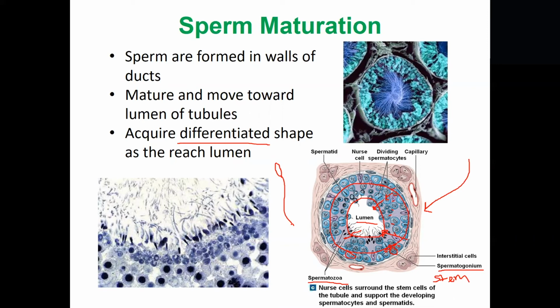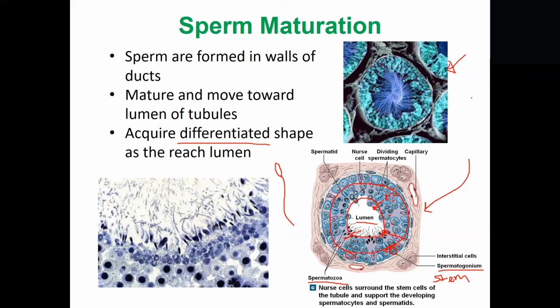Once they reach the lumen and they're fully mature, they're simply going to let go, and then they're going to float down through that hollow center, that lumen, and work their way through the testes to the very end. This is a picture actually taken from an actual seminiferous tubule.